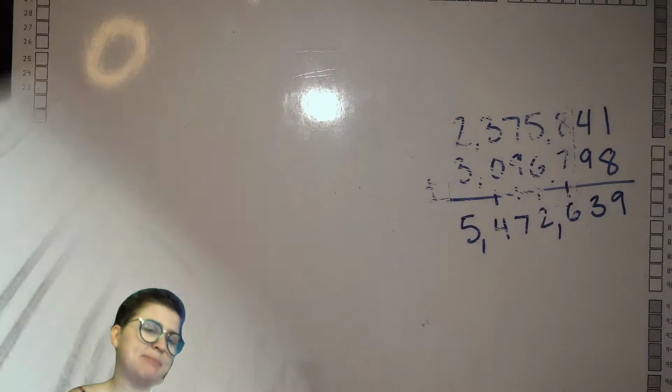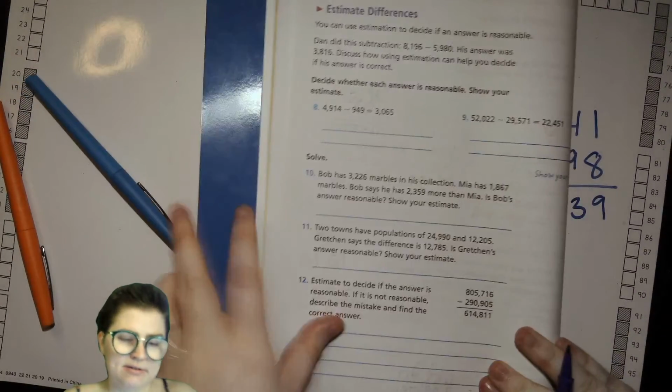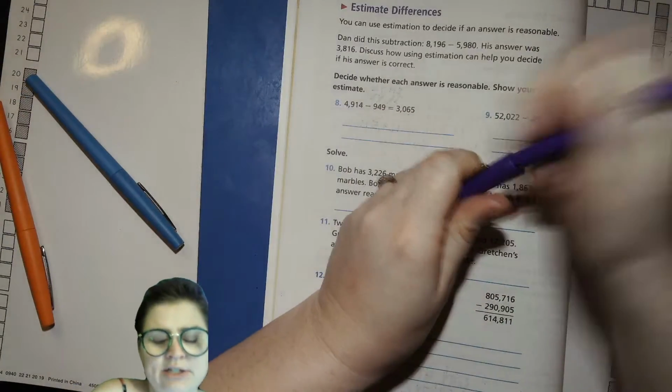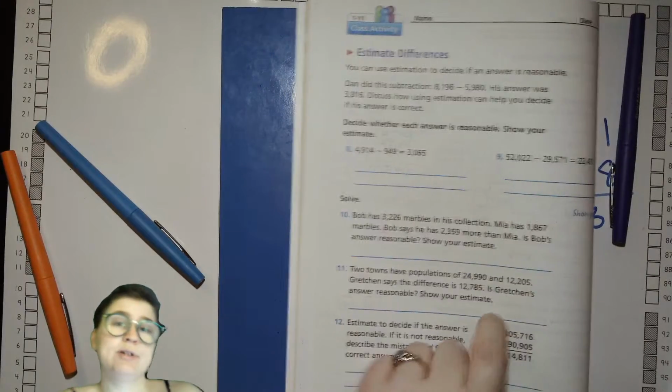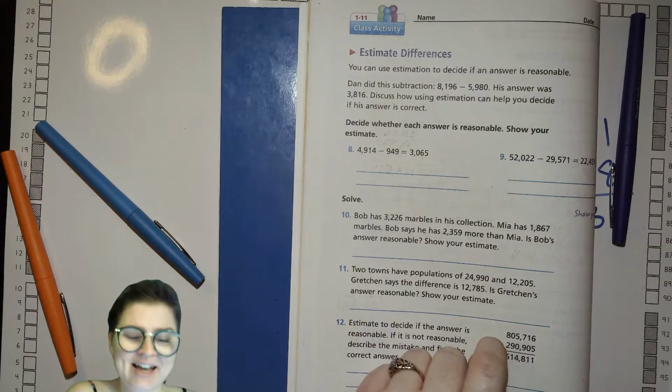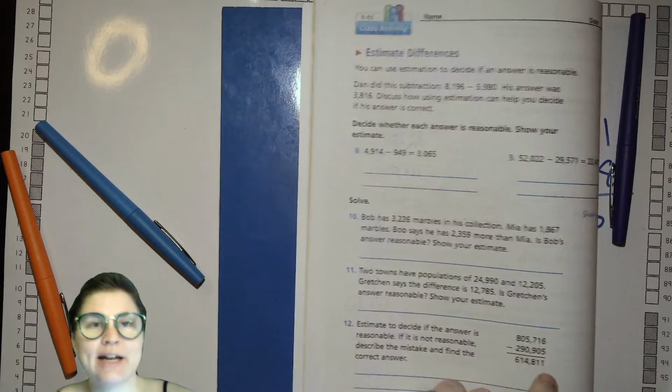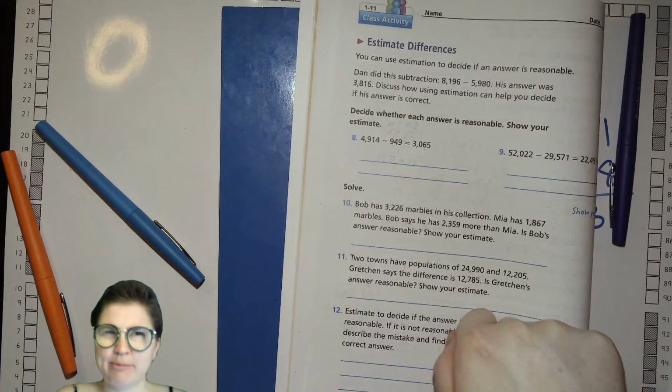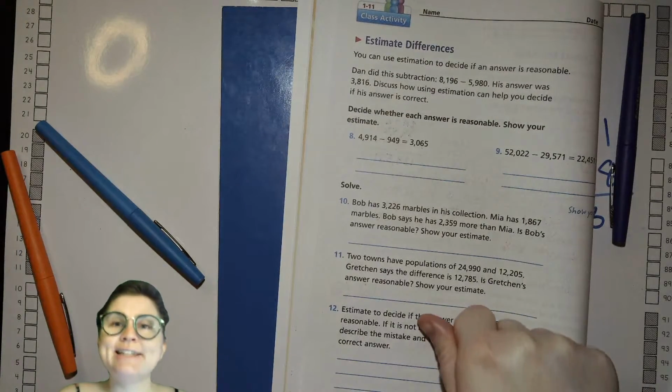Now, flip your page. Oopsie. We're continuing to look at estimation, and this is something that teachers do all the time when we're looking at different people's problems. To quickly decide if an answer looks like it's probably right or probably not, we use estimation.